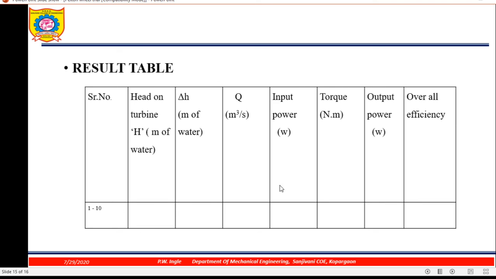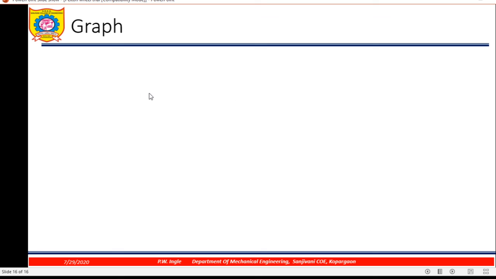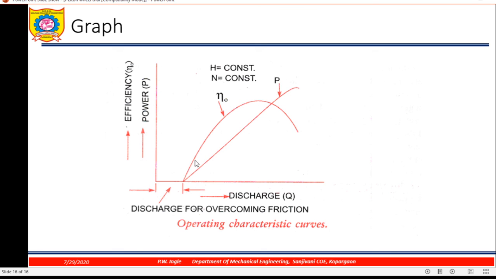Then go on adding the calculations in the result table and plot the graph between discharge and power and overall efficiency. In this way you will get the graph, which is nothing but the operating characteristic curves.